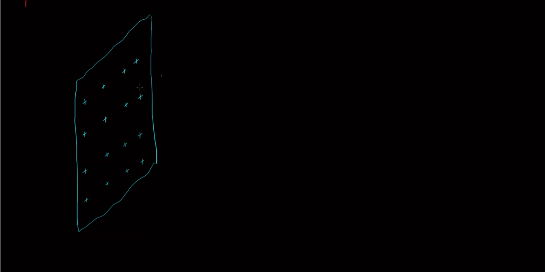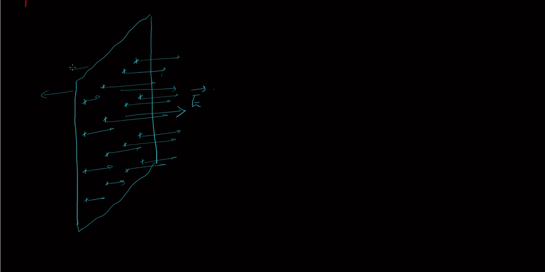So what will happen? This plane sheet will produce electric field in that direction. There will be electric field from all the positive charges, and similarly there will be electric field in the backward direction, because there will be charges present on the back side of the plane sheet as well.